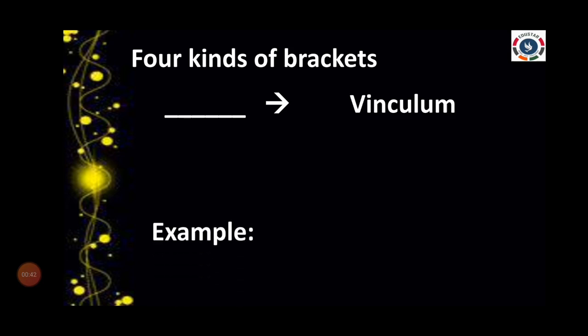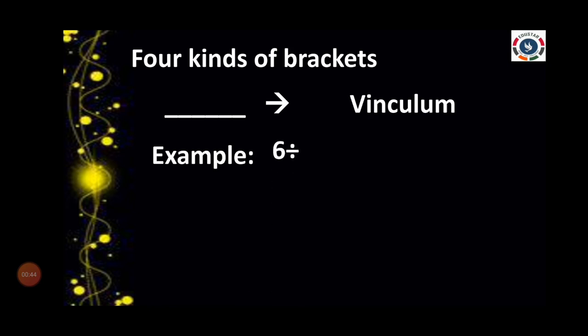For example, 6 divided by 3 minus 2, with the line drawn over 3 minus 2. Here one part is given above the number, isn't it? So this is the name of the line bracket: vinculum. We can use line bracket or vinculum.